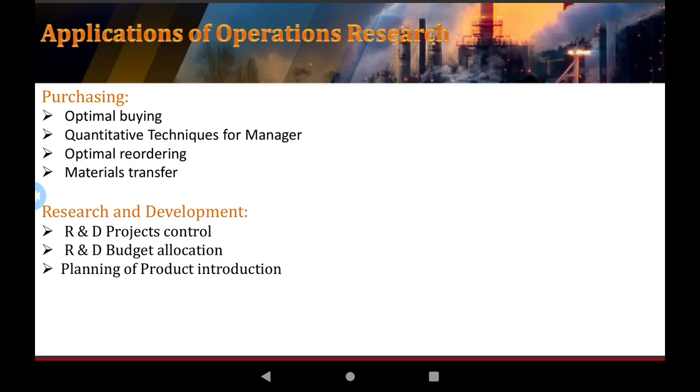Okay, and some of the purchasing: you are the purchaser of the organization, and the need for your organization is 100 tons of raw materials for your plant.